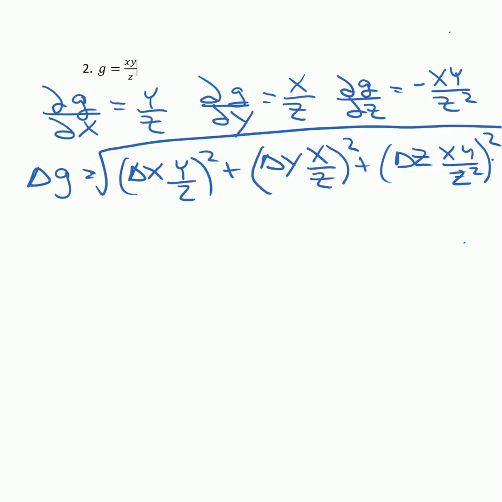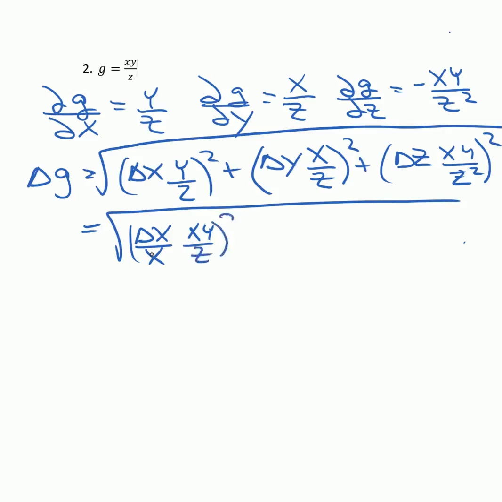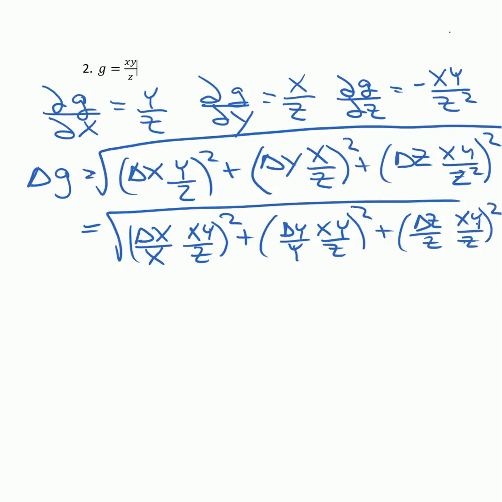Now that's a little messy, and we can make it a little neater. For instance, I can write this as delta x over x times xy over z, squared, plus delta y over y times xy over z, all squared, plus delta z over z times xy over z, all squared.